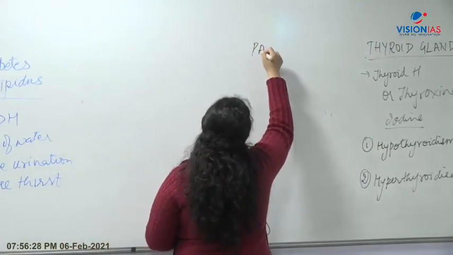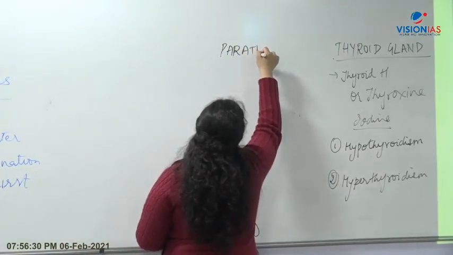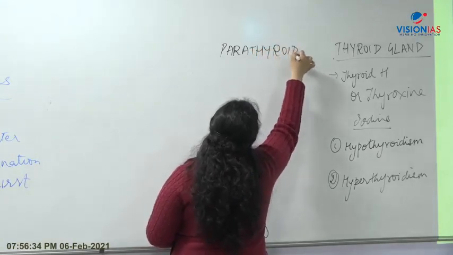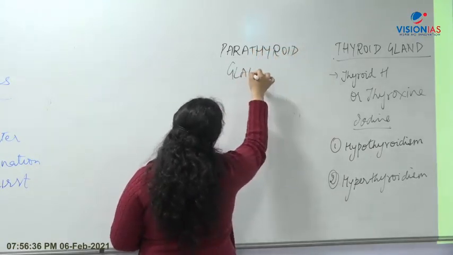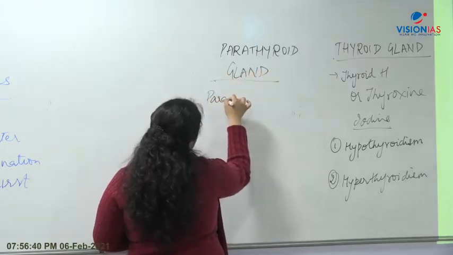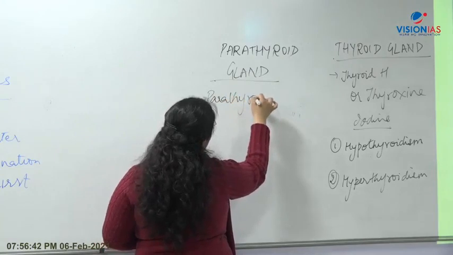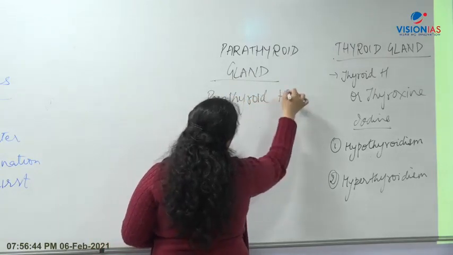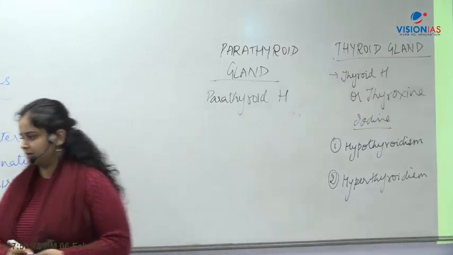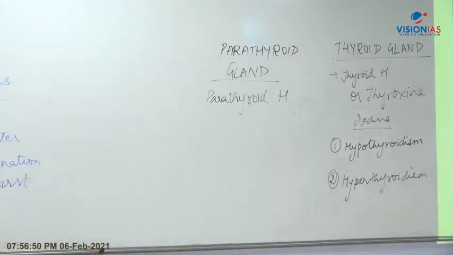The next one is parathyroid gland. The name of the hormone is also the same. Parathyroid hormone. Parathyroid gland, parathyroid hormone.